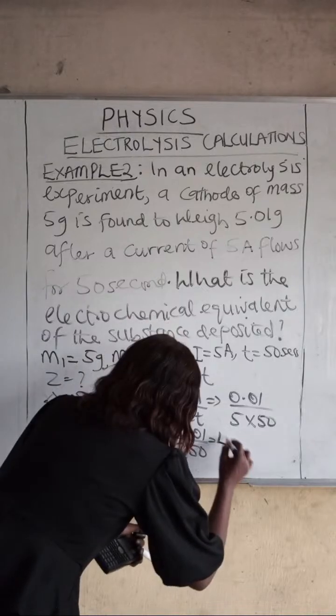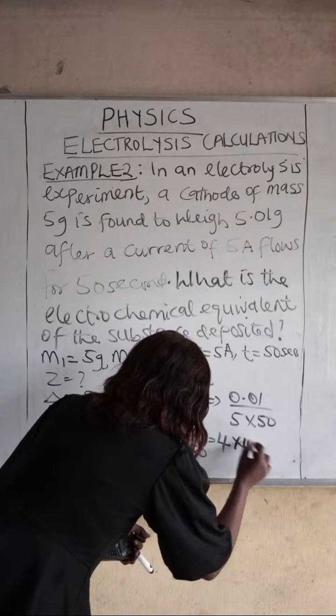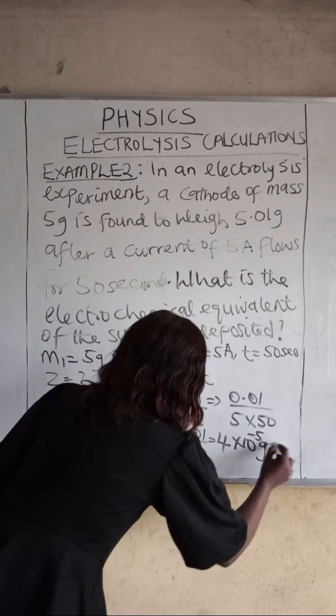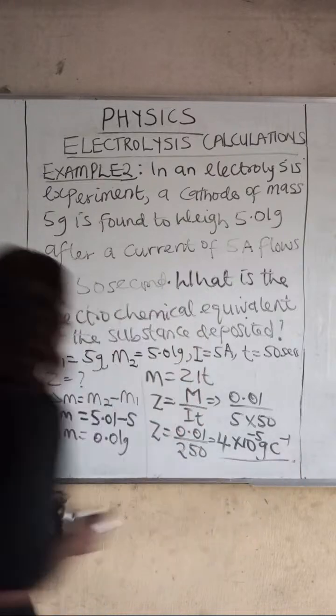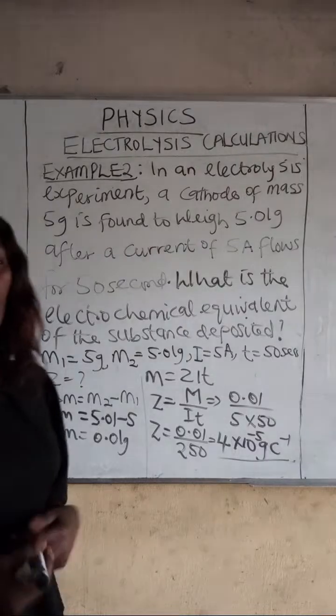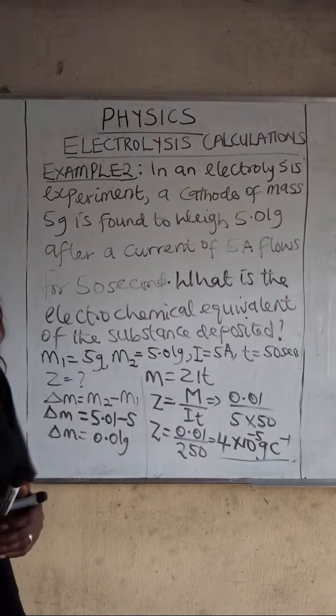My answer becomes 4 times 10 raised to the minus 5. I will have grams per coulomb. Now this is how we can get the electrochemical equivalent of the substance deposited.